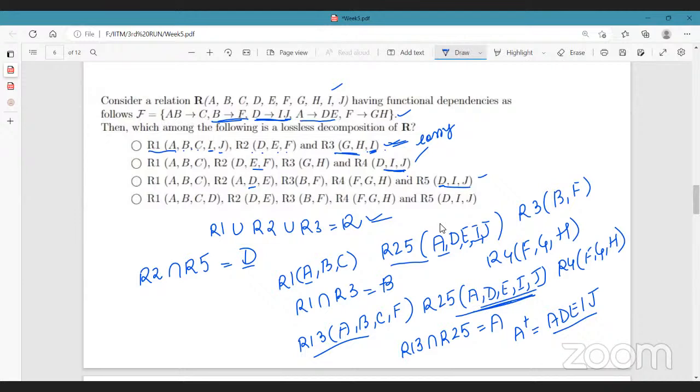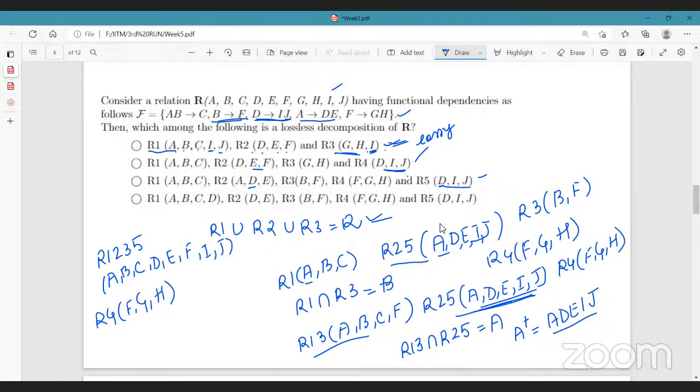So now we have R1235, and that contains A B C D E F I J, right? And we have R4 which consists of FGH.